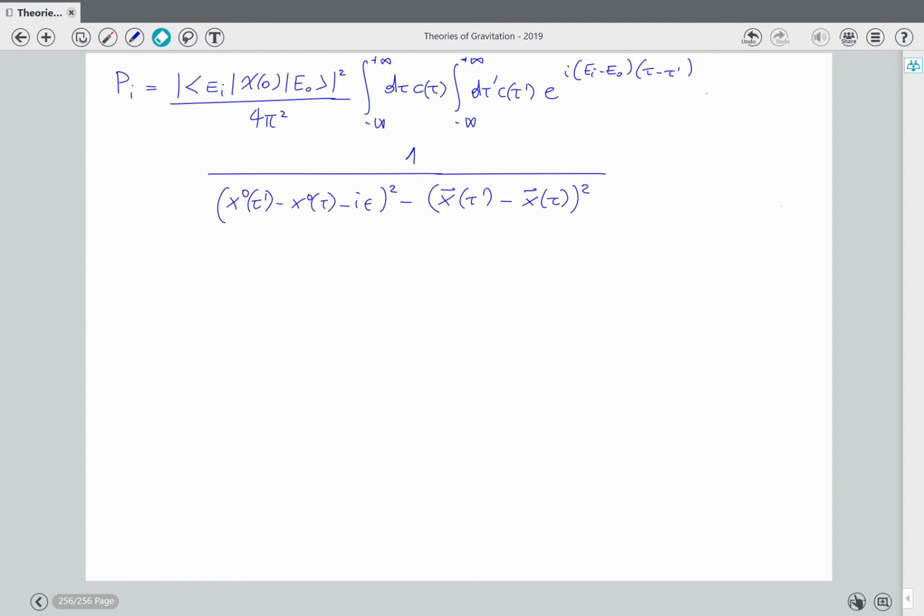Okay. Now you just insert, instead of x of tau, x mu of tau, the trajectory of your detector. And first we will check that in uniform motion with constant velocity, there is no detection.